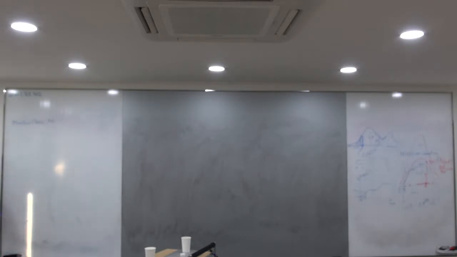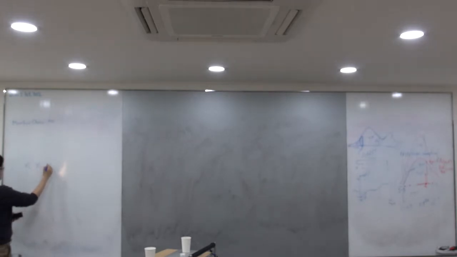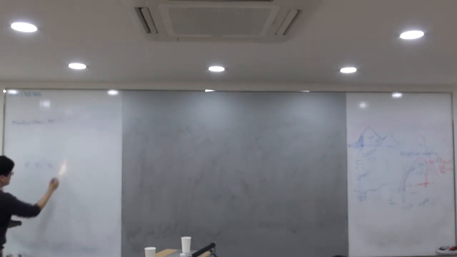So do you know what the Markov chain is? Do you know the Markov property? Markov assumption? How many of you haven't heard about the Markov assumption? Okay, Markov assumption is pretty simple. You have a sequence of random variables, x1, x2, x3, x4.